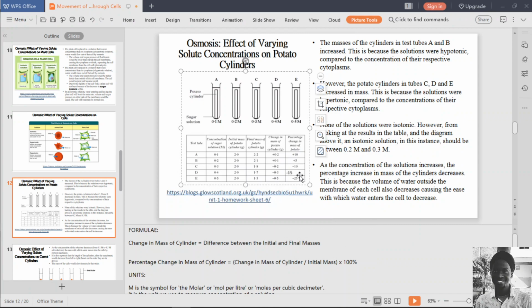So you had a 15% decrease in mass. Here you had a 25% decrease in mass. You had a 10% decrease in mass.